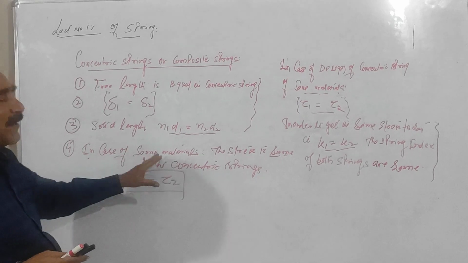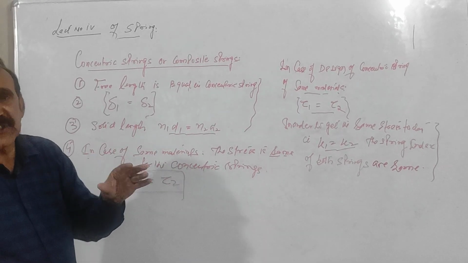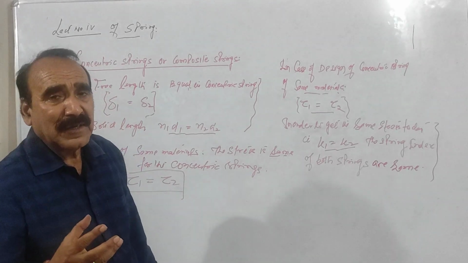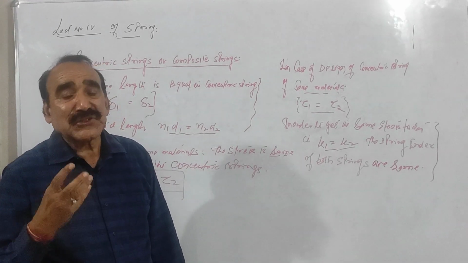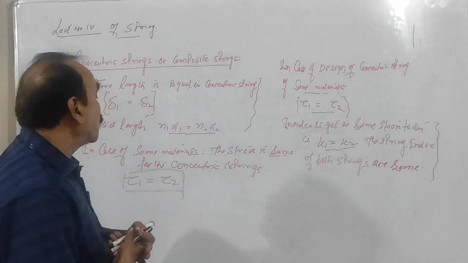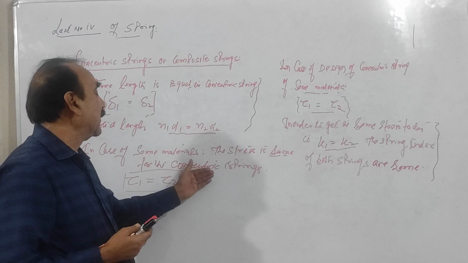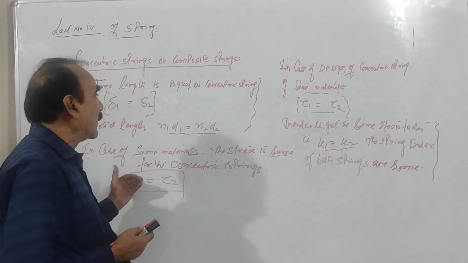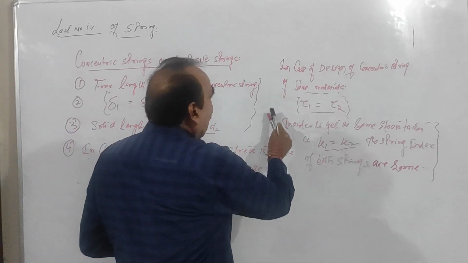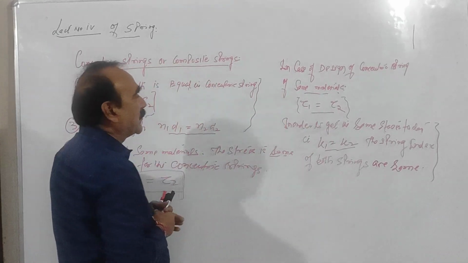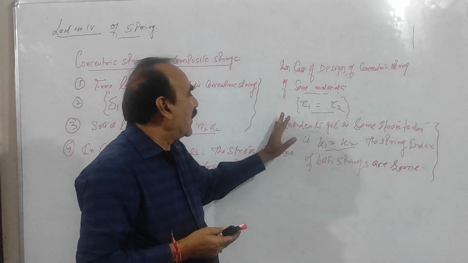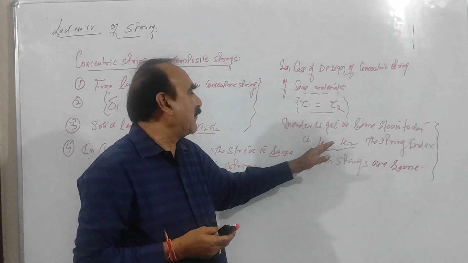And if we are using the same material, then you must understand that the stress is the same. The stress is the same when you are using the same material for the concentric spring, that is tau 1 is equal to tau 2, right? So if you want to design a concentric spring of the same spring material, then we take the first condition tau 1 equal to tau 2, and in order to get the same stress factor, K1 is equal to K2.